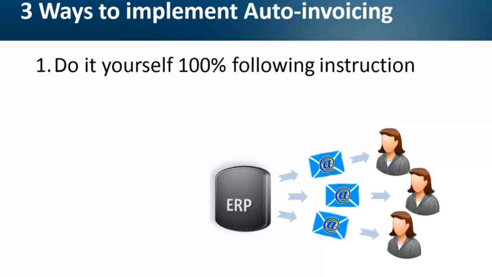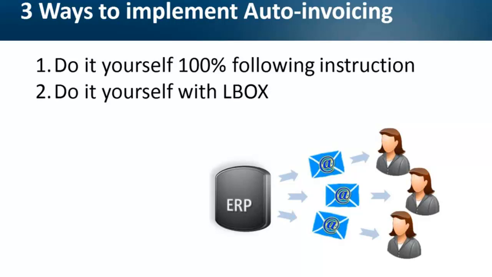And option number 2, do it yourself with LBOX. You will need the LBOX tool from us, which is an inexpensive tool that gives you a nice piece of functionality, making your invoices look good and professional. And the third option is do it for me. This is where we provide a turnkey solution to you.